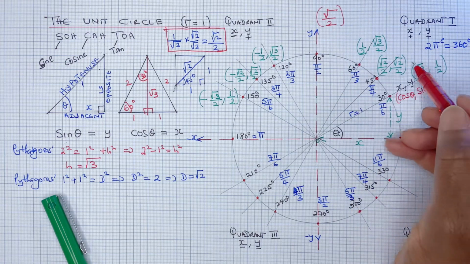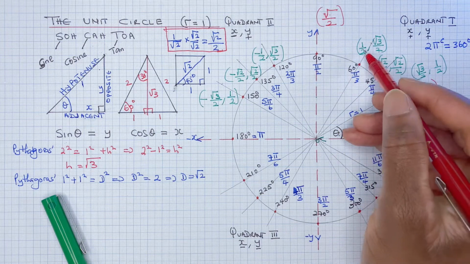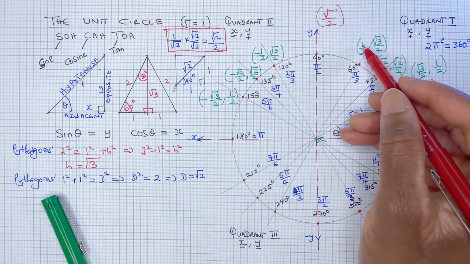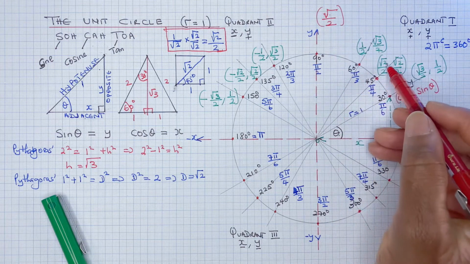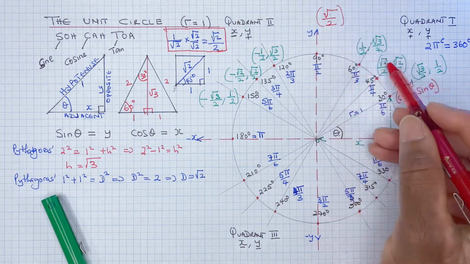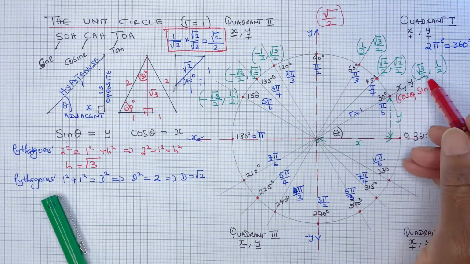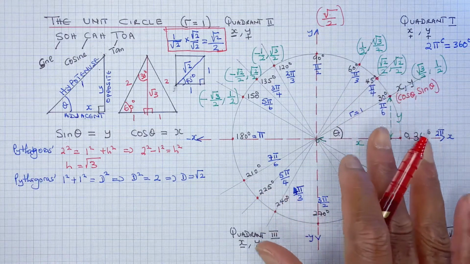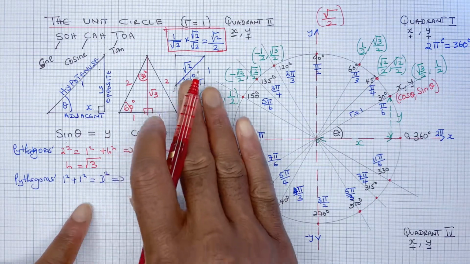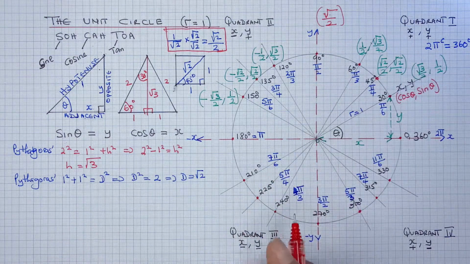So 1, 2, 3 for each one of those. And on this side, again, root 1 over 2, just put 1 there. Root of 1 is 1. Root 2 over 2, just put 2 there. Root 3 over 2, just put 3 there. If you can remember it that way, it's good. But I don't want you memorizing it, just derive it. Don't memorize it. If you can link it, that's good.